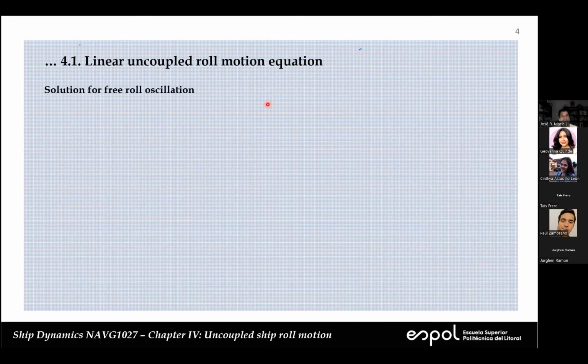So in this class, let's go on and solve the free roll oscillation. If we analyze this situation, then we will have no excitation. And we're going to assume that the damping is small.